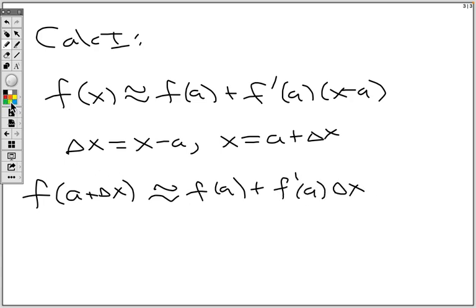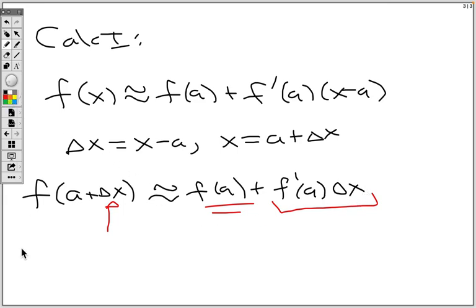So the idea is we're changing a by some amount delta x. If f is differentiable, then I can approximate this new function value, delta x units away, by starting with f of a itself and then tacking on this linear correction factor, f prime of a times delta x.